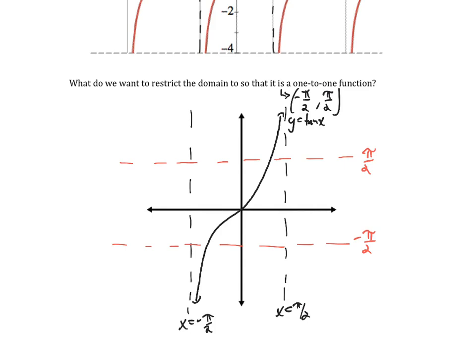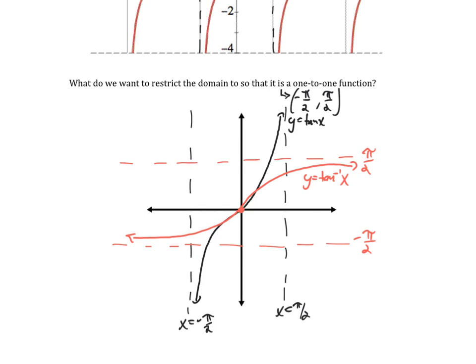When I think about swapping some points, I would still have that (0, 0) point, and my graph would take that shape right there. That's inverse tangent of x. Again, the way I found it was just swapping x and y values.